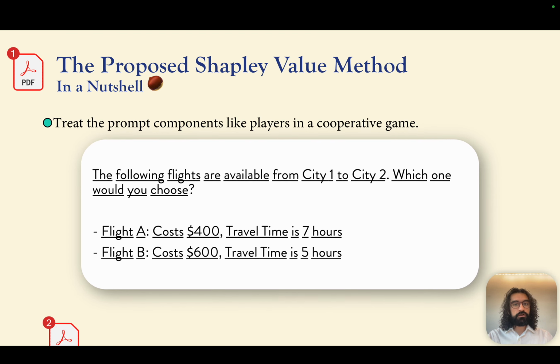Similarly for flight B, you look at its price and its travel time. So intuitively, we expect to see higher Shapley values for these tokens that carry a lot of information about the flights.